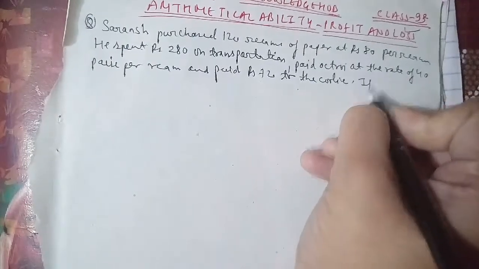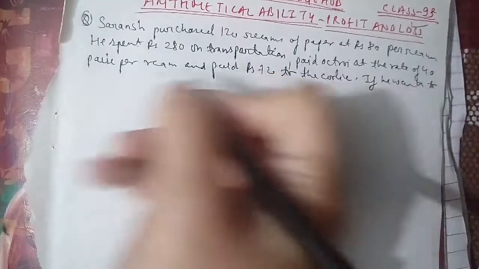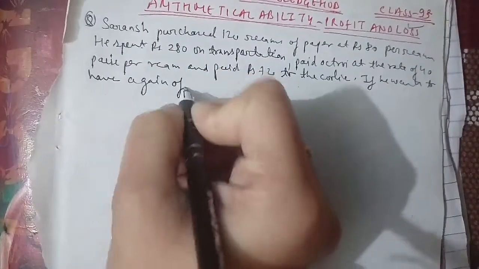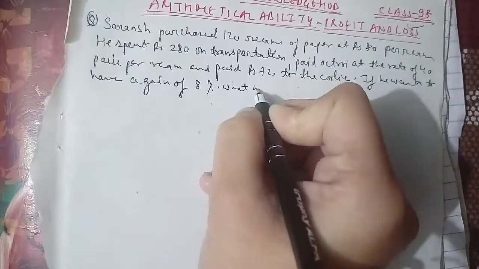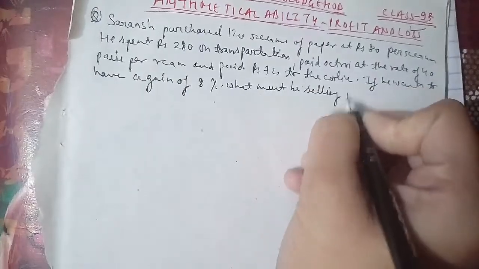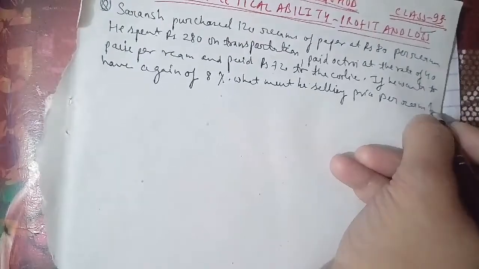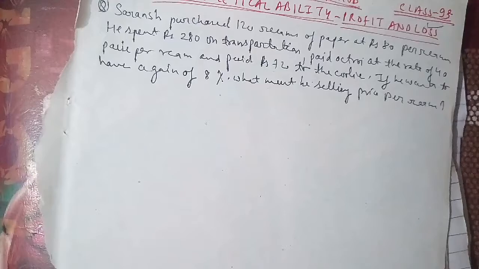If he wants to have a gain of 8%, what must be the selling price per ream? The options, as I told you, are 86, 87.48, 89 and 90. So we go ahead for the same.